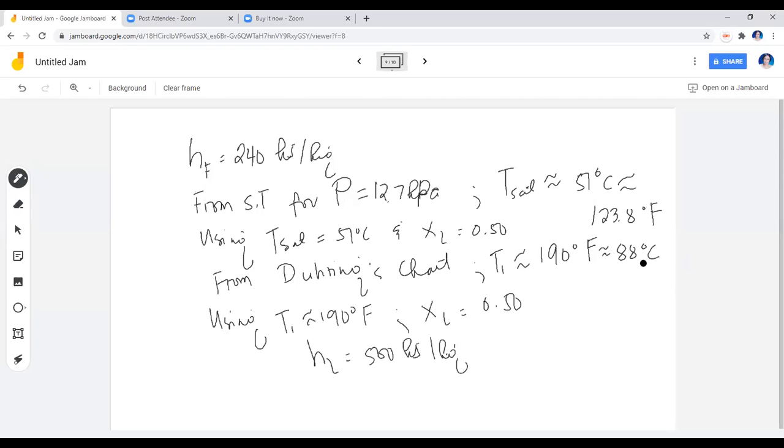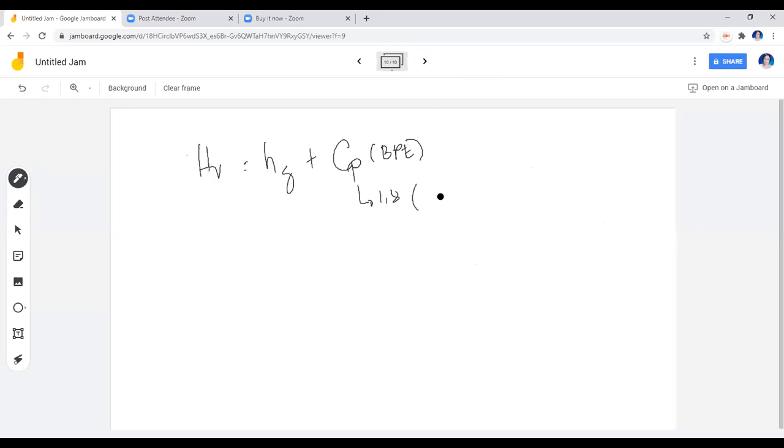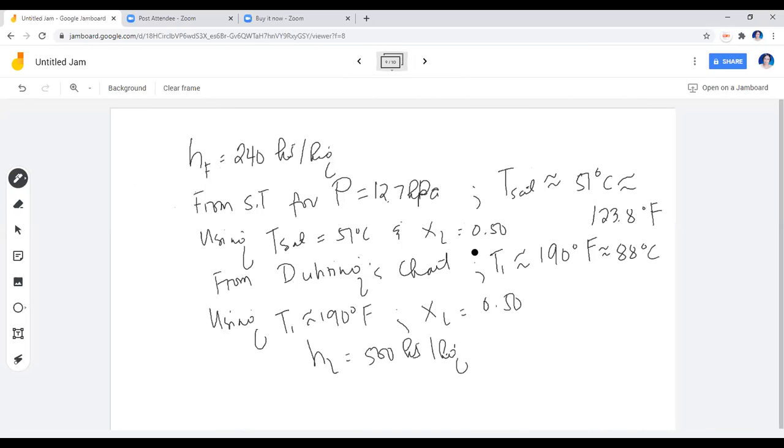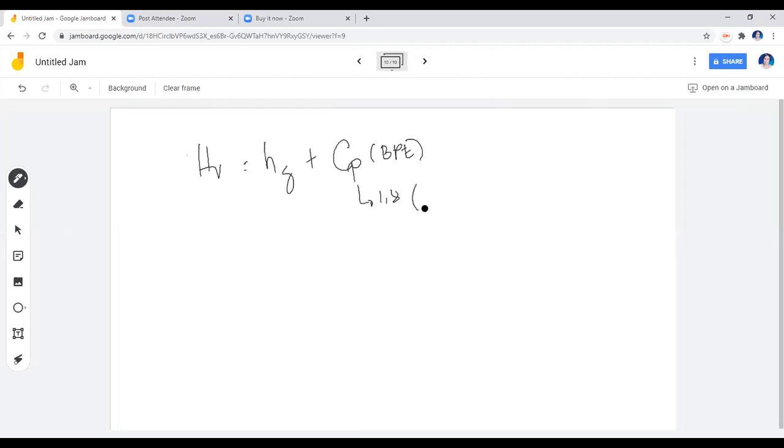This is for the boiling point temperature of your solution, which already has the BPE. But we need the saturation temperature of the steam. Sorry class, for the BPE, we don't need yet the temperature of the steam, but rather it would be the saturation temperature and this. So 88 minus 51, that's your BPE. 88 minus 51. So you have now the superheat.